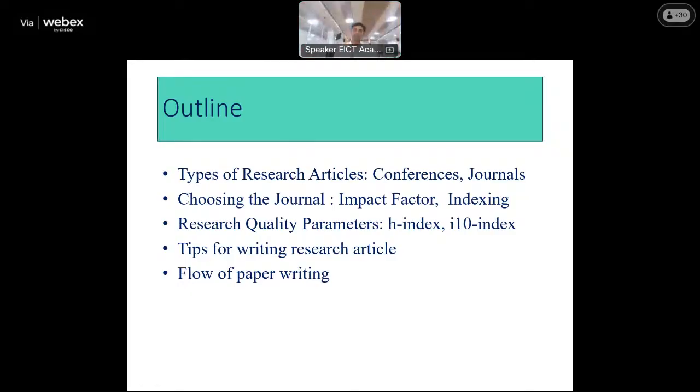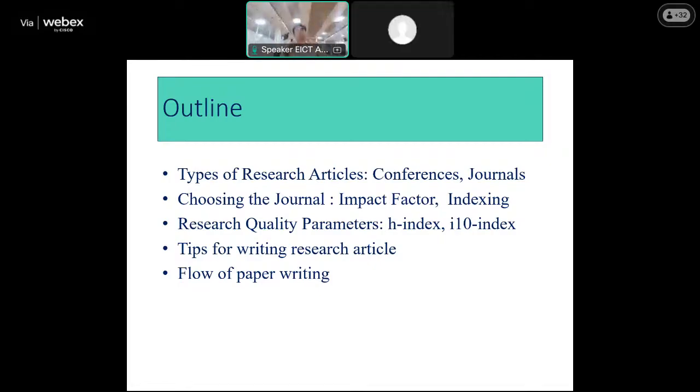If I want to choose a particular journal, then what parameters should I understand so that I can understand the quality of the journal? Then I will also observe the research quality parameters of each individual author, or you can consider the publishing author. How can you judge whether a particular publishing author has a good reputation or not?